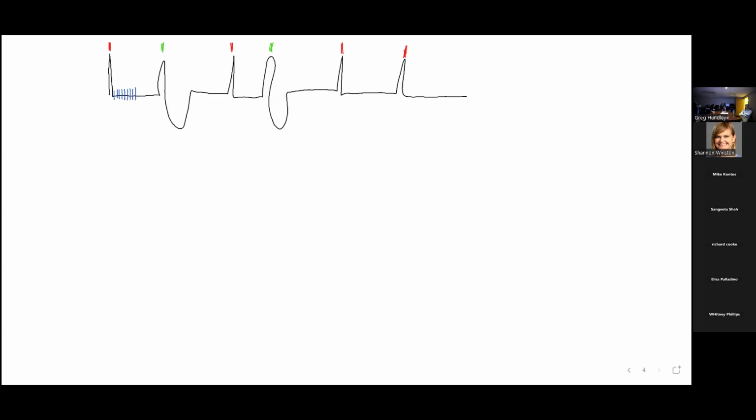And if I had a certain time distance between the QRS and the PVC, I could keep this piece of information, but I could throw away this because the PVC occurred too close.